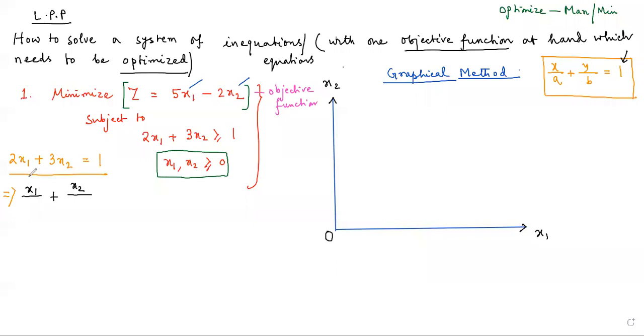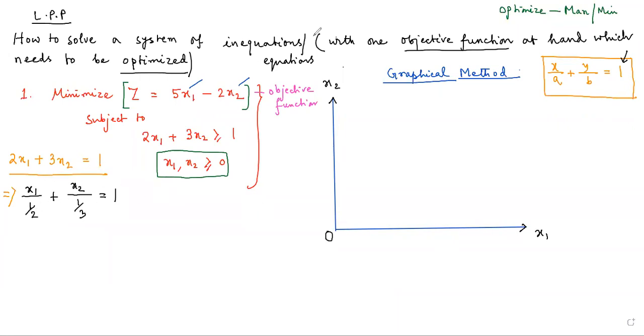And we can easily do it by dividing by half, because x1 by half is same as 2x1 and x2 by 1/3 is same as 3x2. Now you see, you just compare the general equation written in intercept form with this given equation, which is x1 by half plus x2 by 1/3.